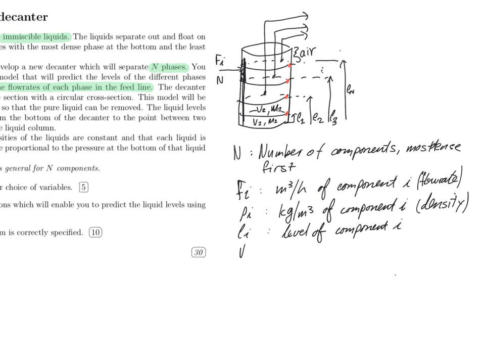So we'll say something like Vi is the volume of component i. Mi is the mass.